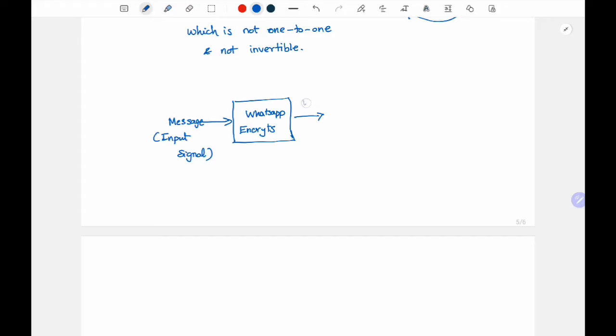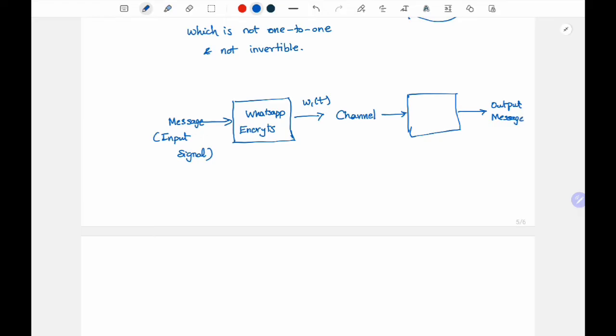This is some w1 of t. Then it goes through the channel, which you can call the internet, and the output message sits here.